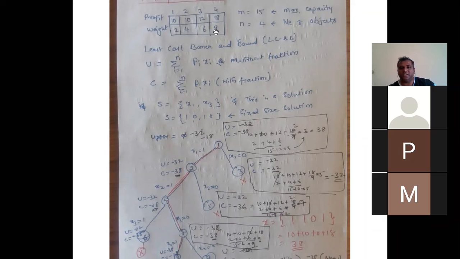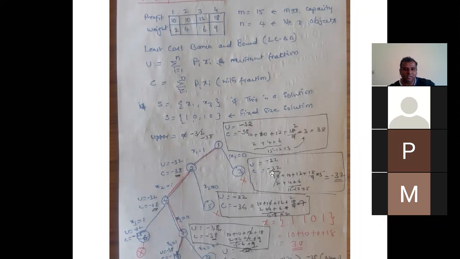But the fourth object weight is 9, so we can't include the fourth object. What is the U value without fraction? It is minus 22. With considering the fourth object fractionally, the remaining capacity is 5, the weight of the fourth object is 9 and its profit is 18. After evaluating, we get minus 32, so the C value is minus 32.